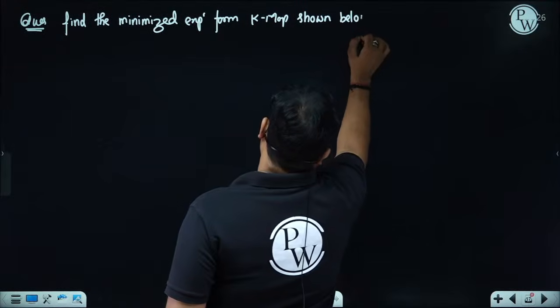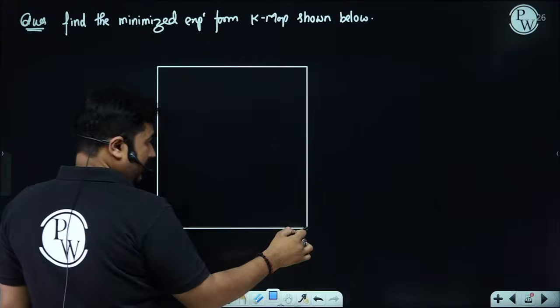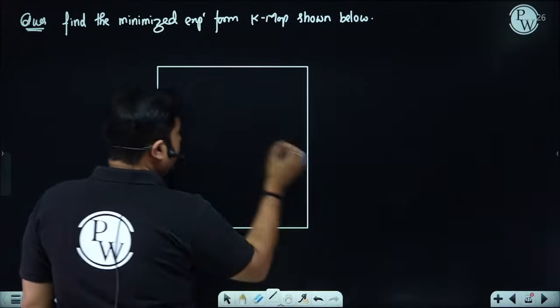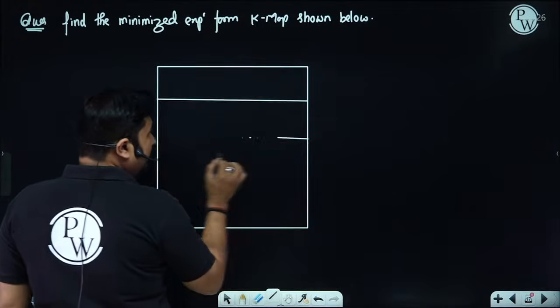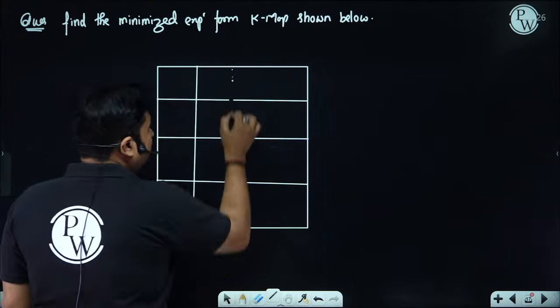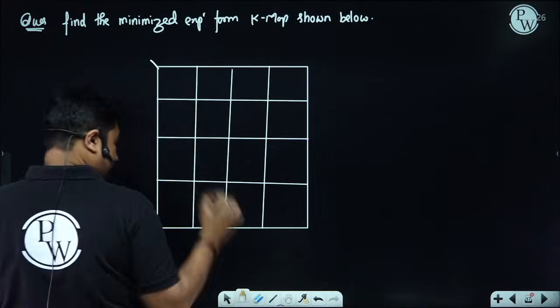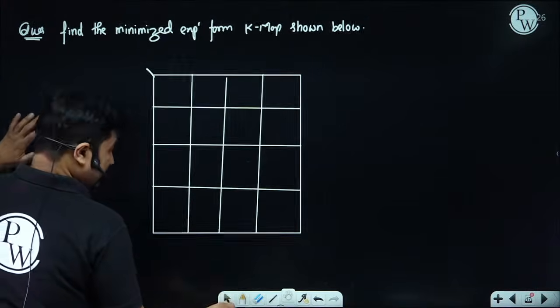Suppose we have a 4 cross 4 K-map given. Okay. Now please observe, Betaji, we are on to a very important conclusion. This is your case number 3 as well. Please observe, everyone. This is special case 3.